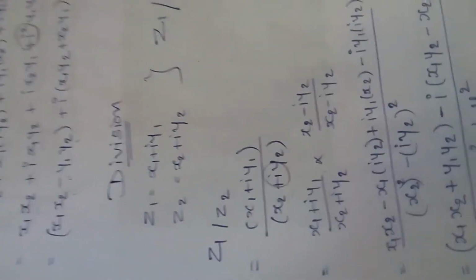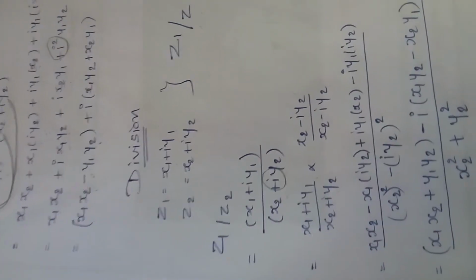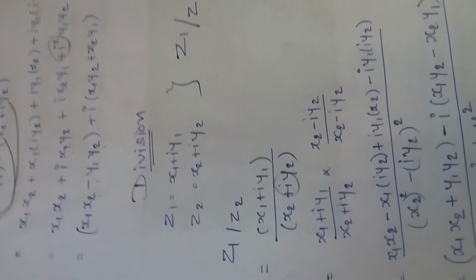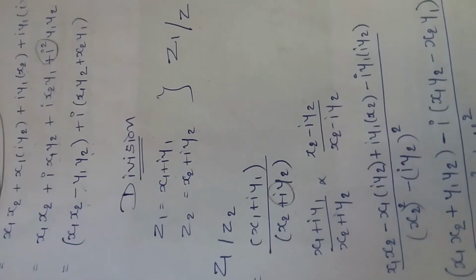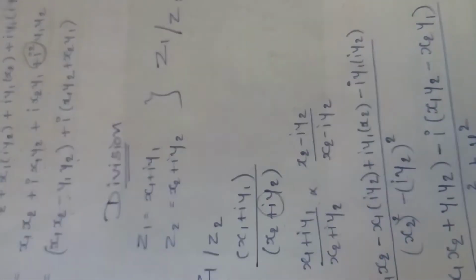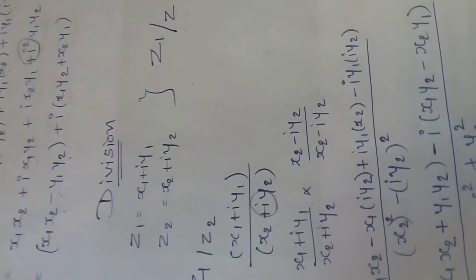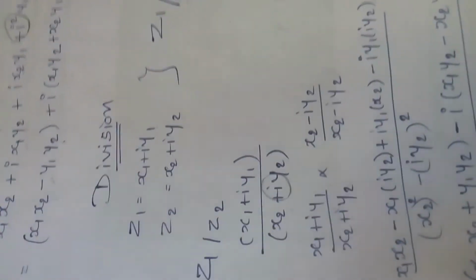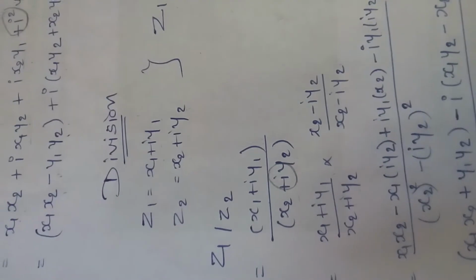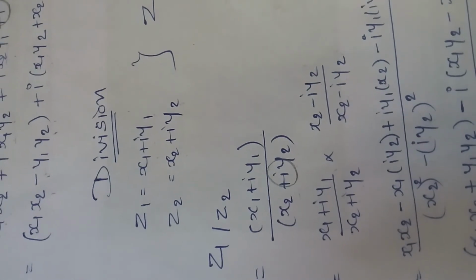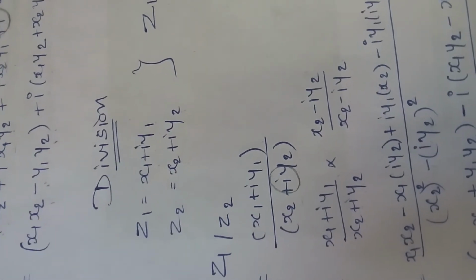Friends, always remember, if i is there in the denominator of a complex number division, then you will not be able to solve the question. The imaginary part in a denominator cannot be solved.